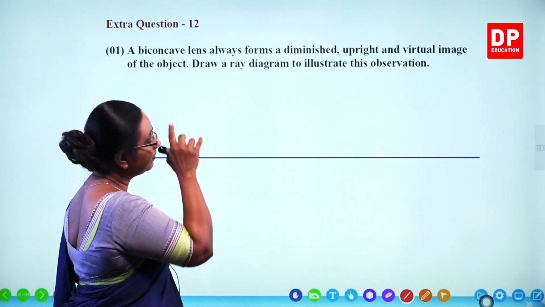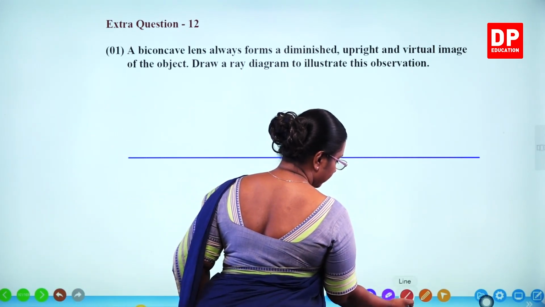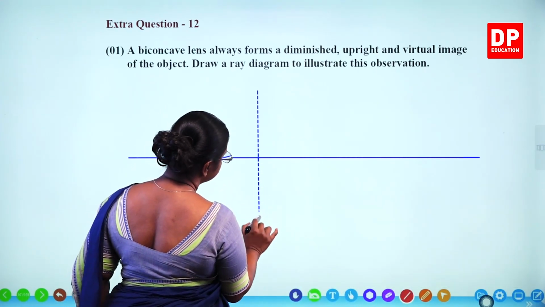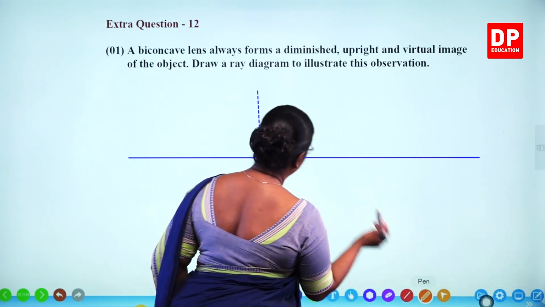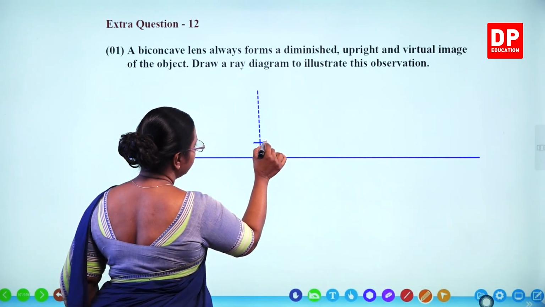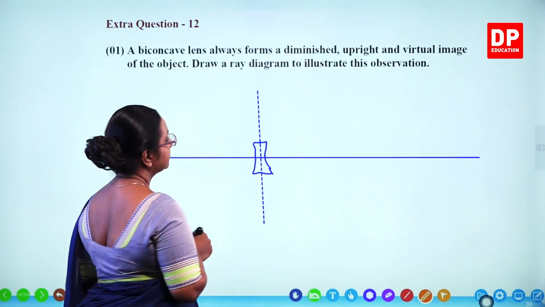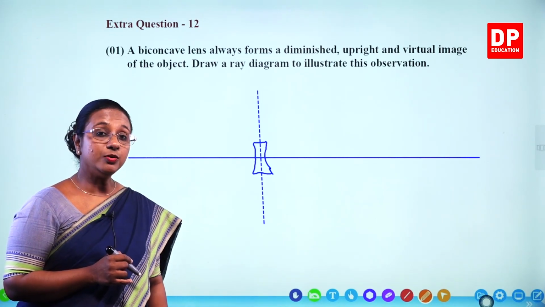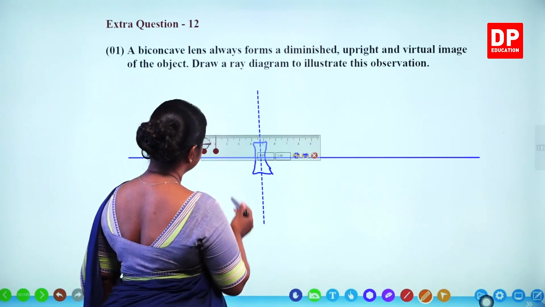Then what do we need to do? We need to draw the line to indicate the lens. So that is a broken line that I am drawing. Then after that, we need to show what type of lens is there. So this is the biconcave lens. Then we need to mark the 2 points.